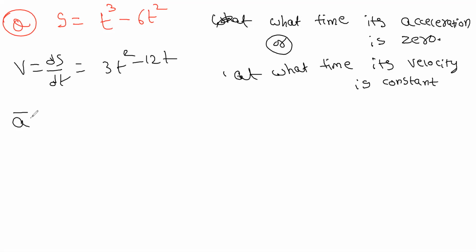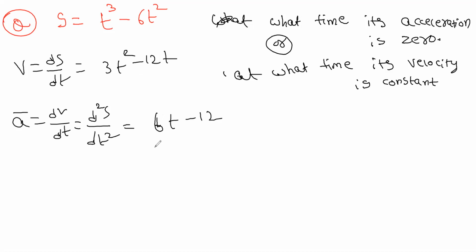Now acceleration, dv by dt, which equals d square s by dt square, equals 6t minus 12. Since acceleration is 0, 6t minus 12 equals 0.